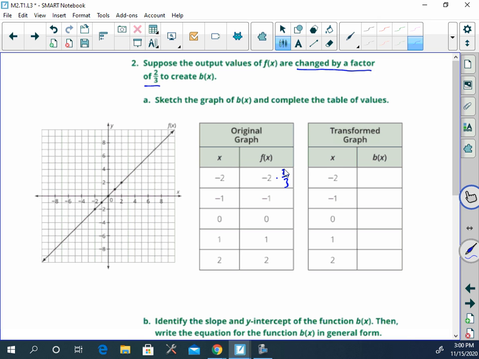How you would type it is -2 times parentheses 2 divided by 3. And if you have a decimal, that's okay for right now because the decimal is going to give you a spot to plot it. I'm going to write them as fractions, and I'll show you how to do this in your calculator so you can get the fractions too. It's just kind of nice to know. But if I multiply all these by 2/3, these are the numbers I'm getting here.